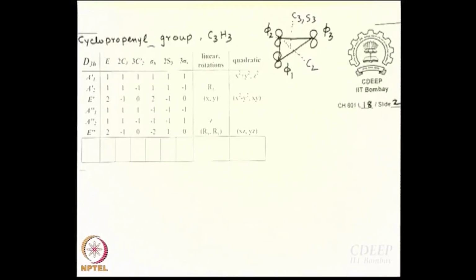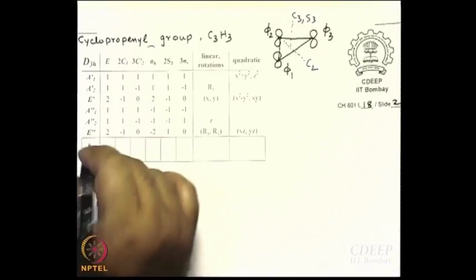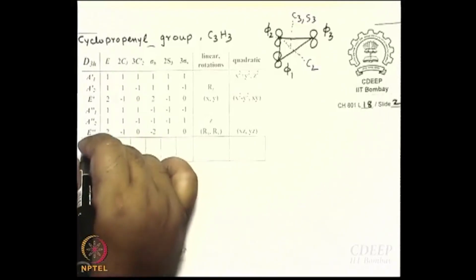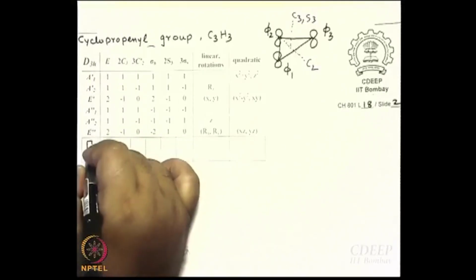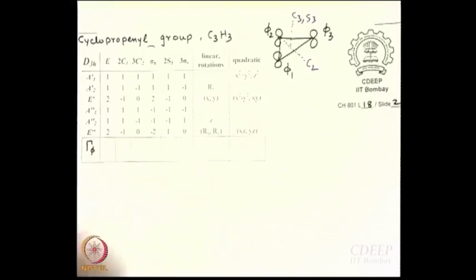Along the C2s, perpendicular to sigma h, containing C2 and C3. All right. So, you understand what is what. Okay. So, what is the next step? The next step is to construct this reducible representation using these phi orbitals. Can we do that?